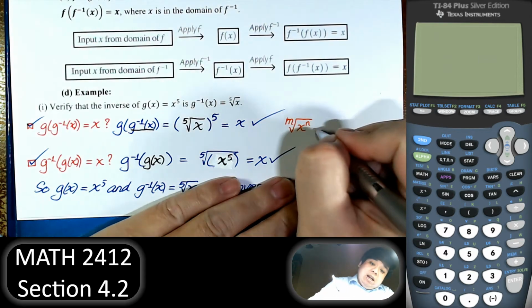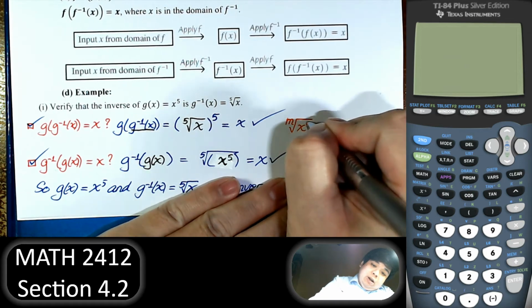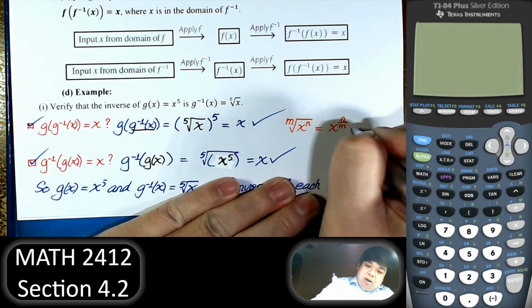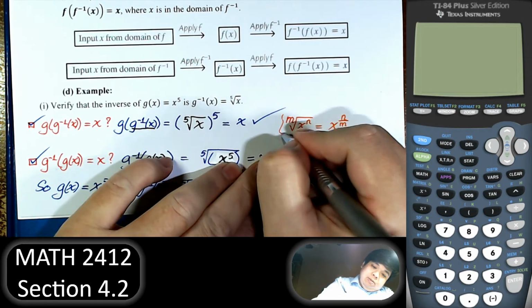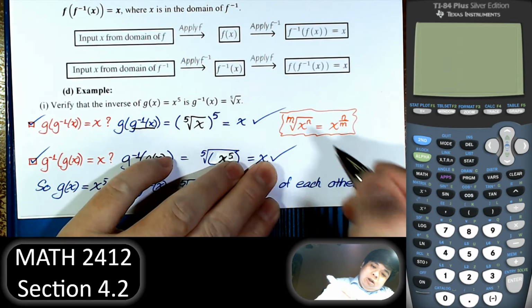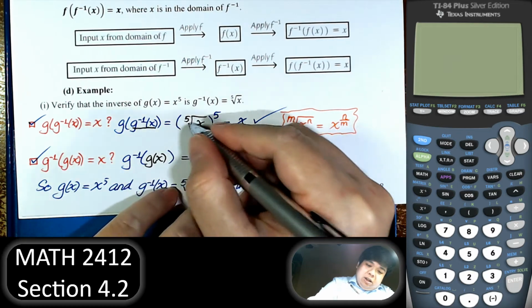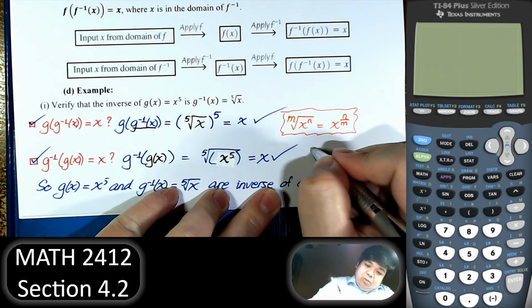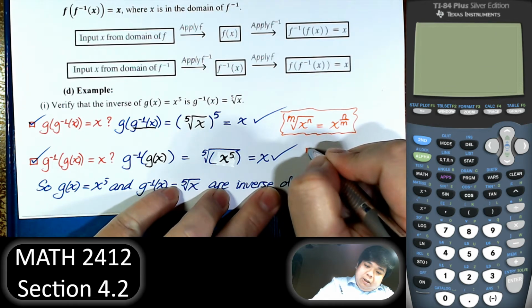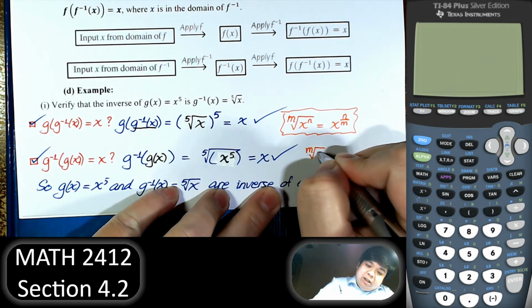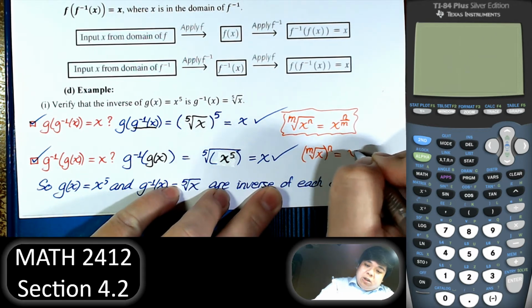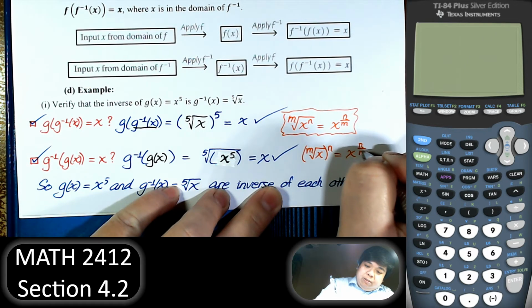When we write like that, we mean the power will be on the top and the root will be at the bottom. Or if we write like this, it could be the m root of x to the n is x to the n over m.